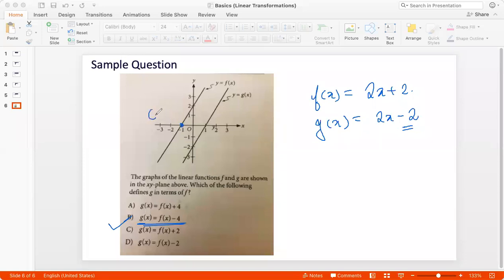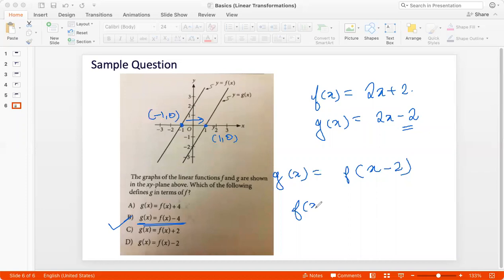I'm moving from (-1, 0) to (1, 0). So I'm shifting f(x) 2 units to the right, which means that g(x) should be f(x - 2), because if I'm shifting f(x) 2 units to the right, then the new function would be f(x - 2).